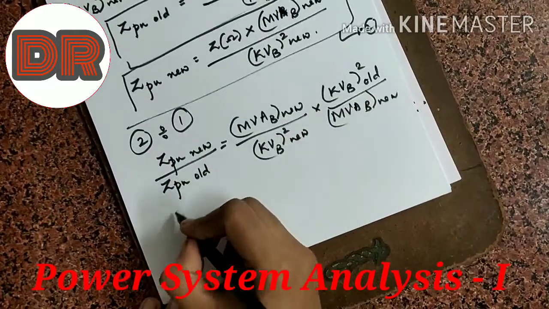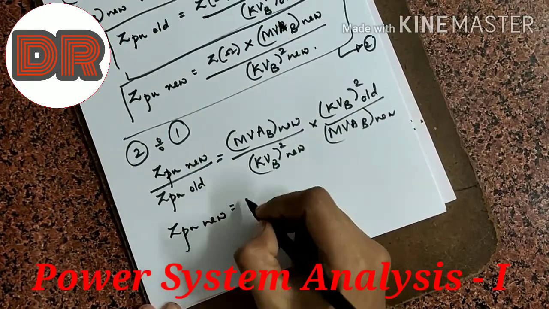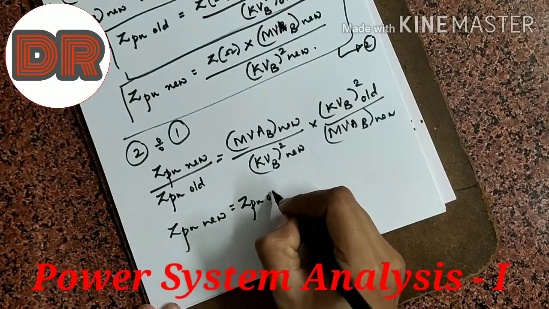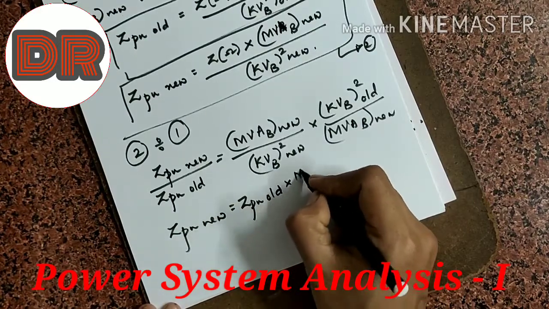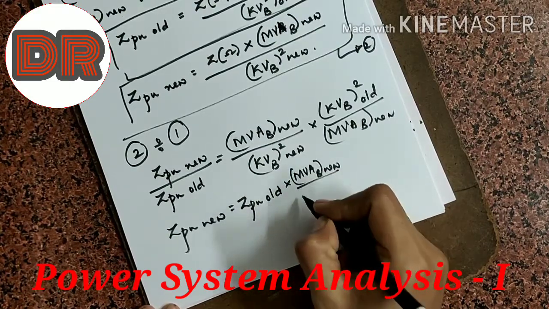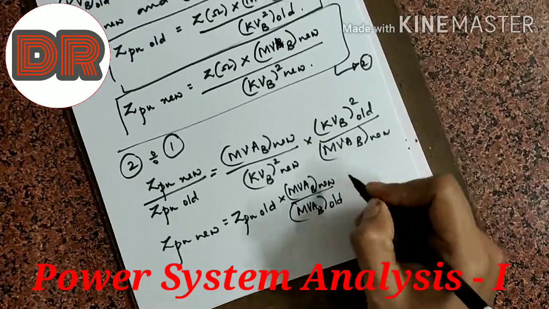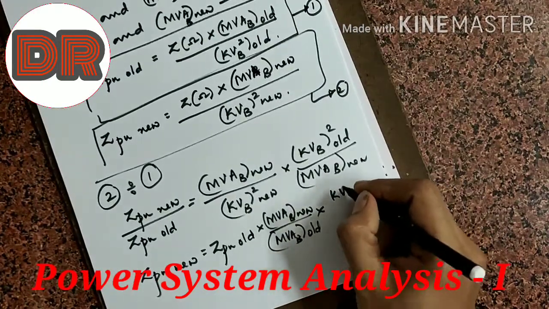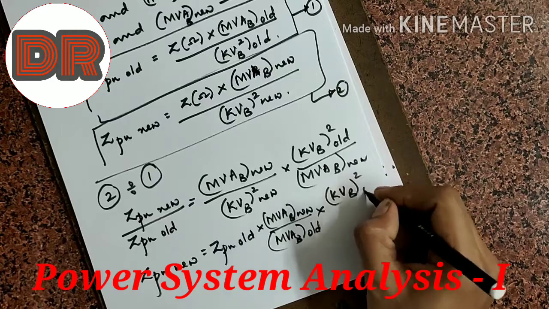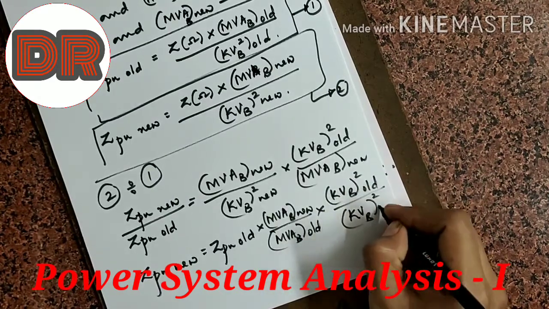Let me simplify this further. Z per unit new will be equal to Z per unit old into MVA base new divided by MVA base old into kV base old square divided by kV base new square.